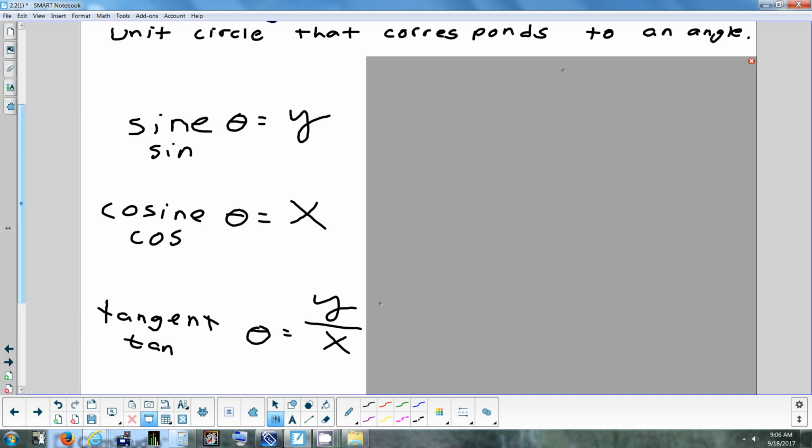So sine and cosine only use one part of the coordinate. They don't use both parts. Tangent uses both. Okay, so if I ask you for the tangent of an angle, you find the coordinate, then you take the y value, divide by the x value. Okay, any questions on those 3 definitions?